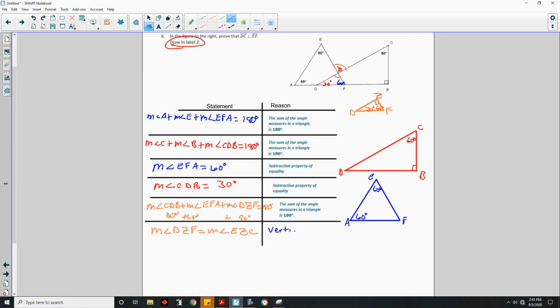Vertical angles are congruent. So now I know that this is 90 degrees. So instead of having all this mess here, let's just do this. Okay, I need the Z there, EZC is 90 degrees.